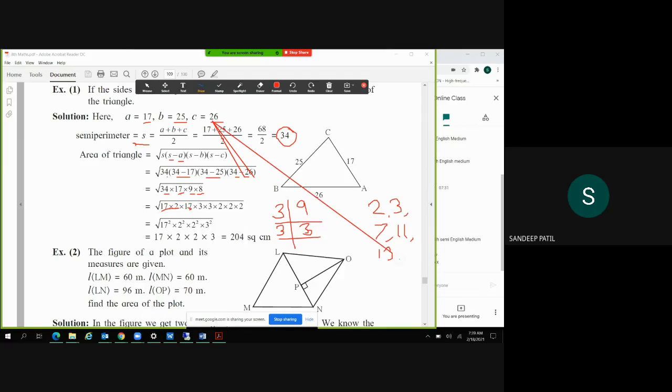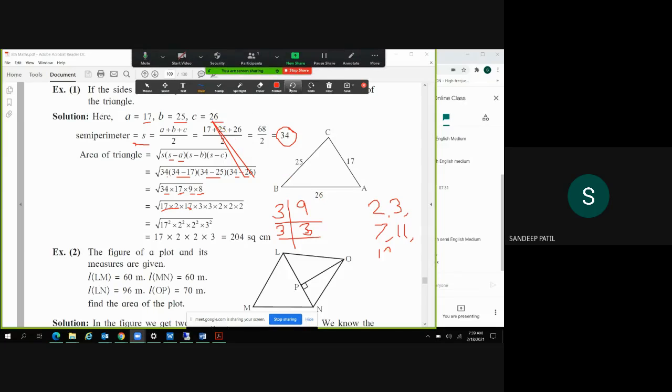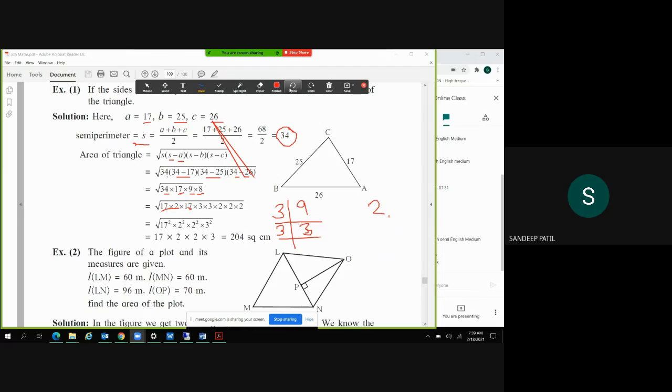So we have to see that the number is divided into prime numbers, right? So make this number as small as possible in terms of these prime numbers.